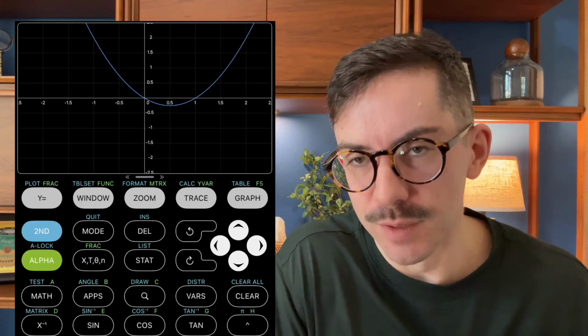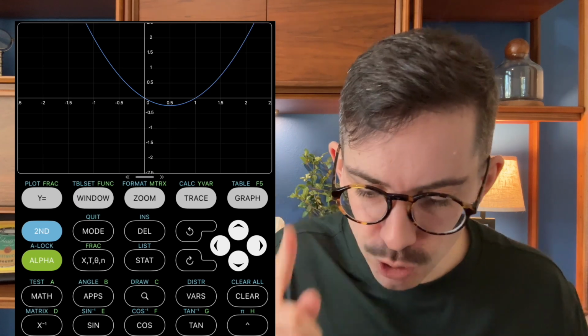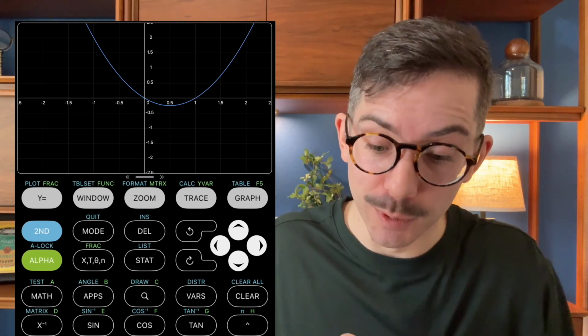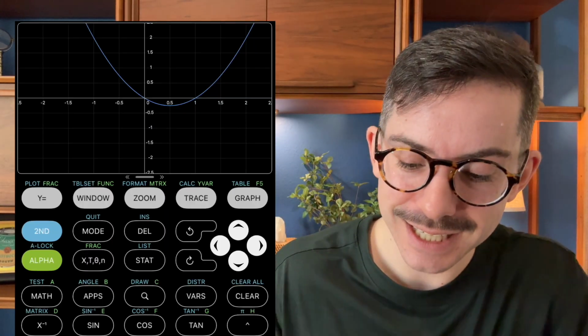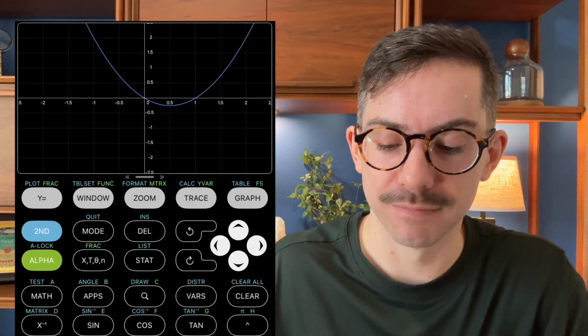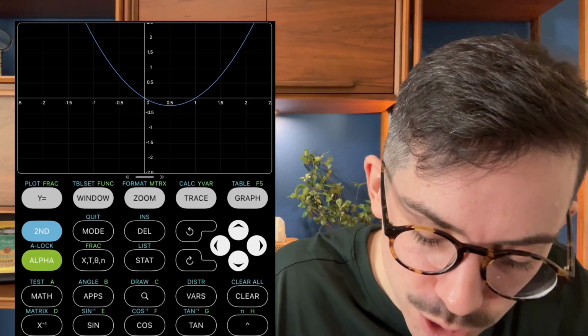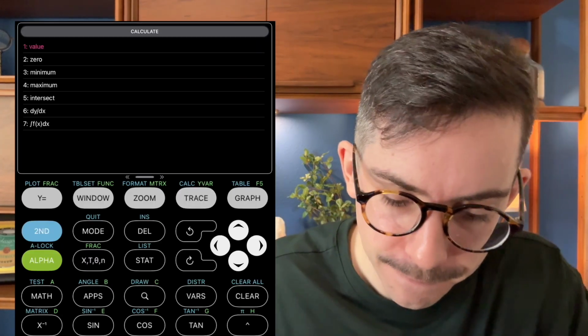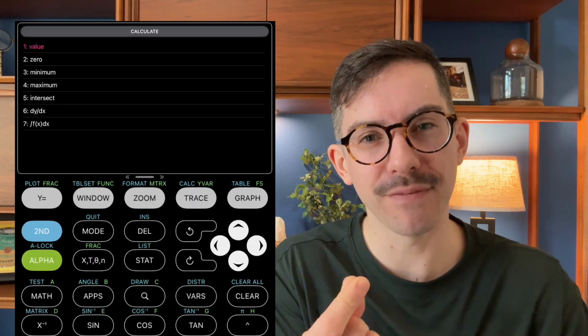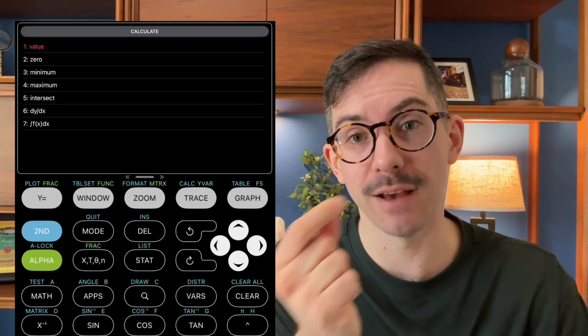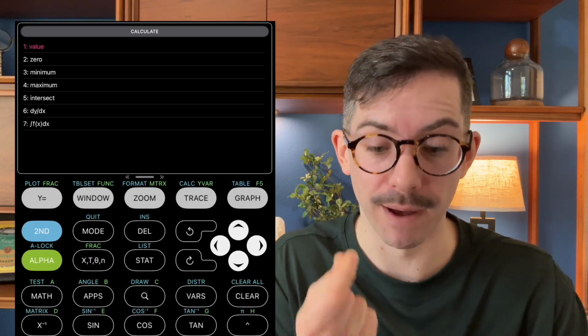So how do I find these intersection points? Well, I can read them from the graph, sure, but I can also have the calculator tell me what's going on. So to find an intersection with the x-axis, I'm going to do second trace. You can see that gets me to my calculation menu. And I want to figure out a 0 of a function. Remember, graphically, the x-intercept of a graph corresponds to a 0 of my function.